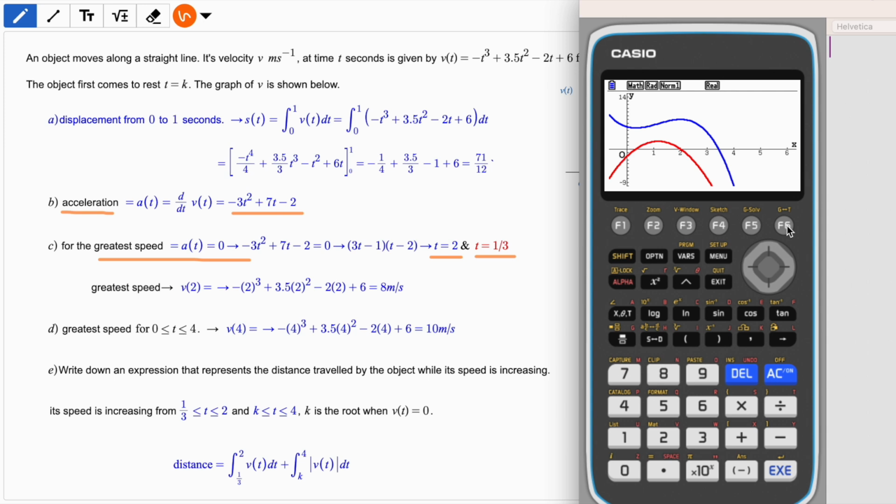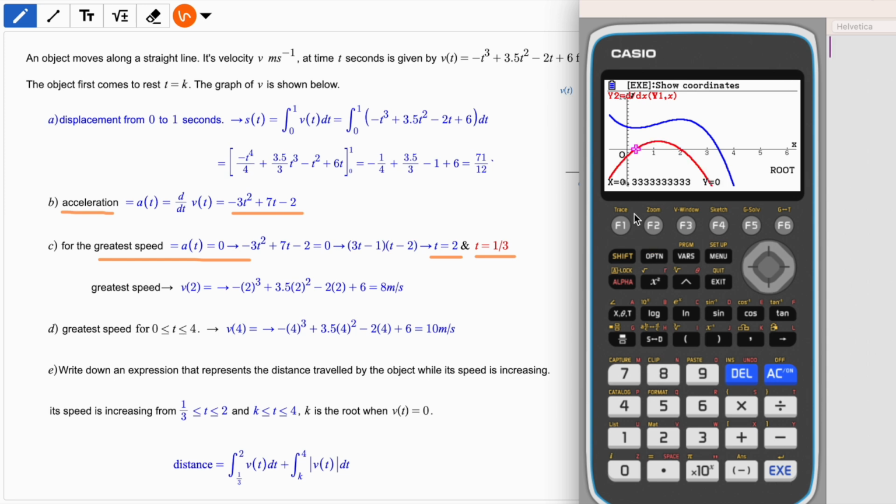Now how can I make sure that the answers I got from my first part, without even using acceleration, are correct? I'm going to go to GSolve and find the roots of the acceleration graph. Click on roots. This is highlighting the first graph, but I have to select the second one, so just use the arrow. Yeah, it's been highlighted. Click enter.